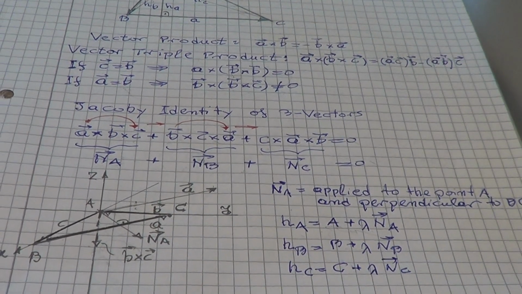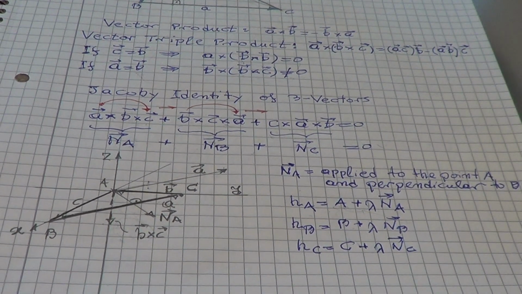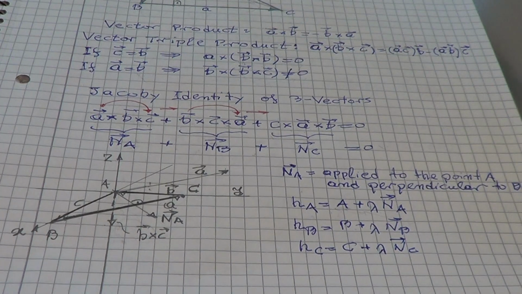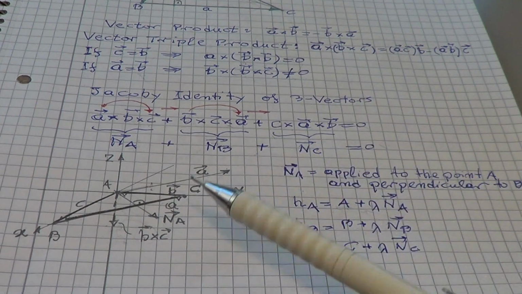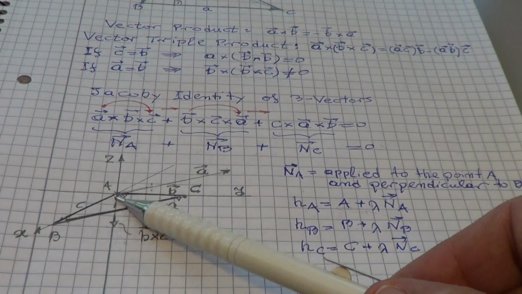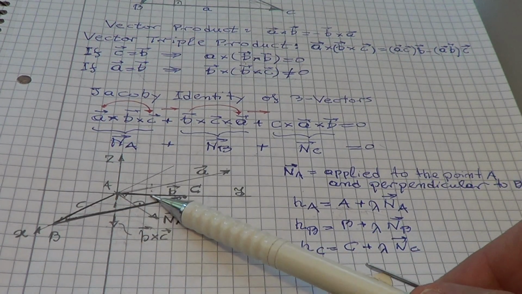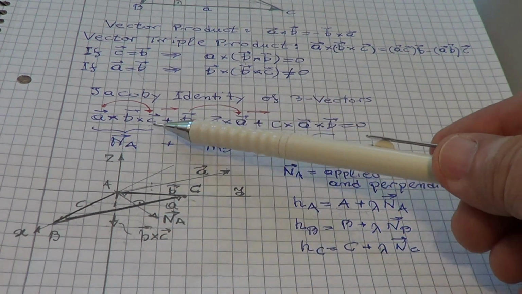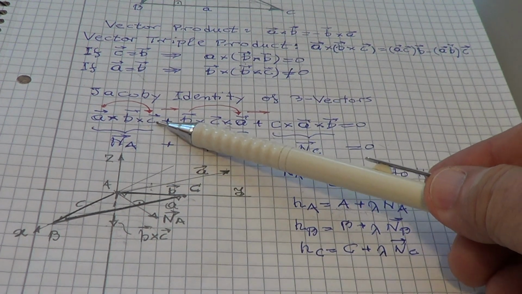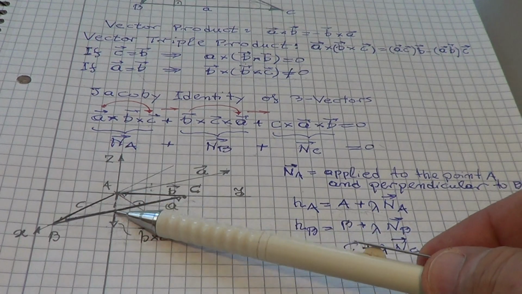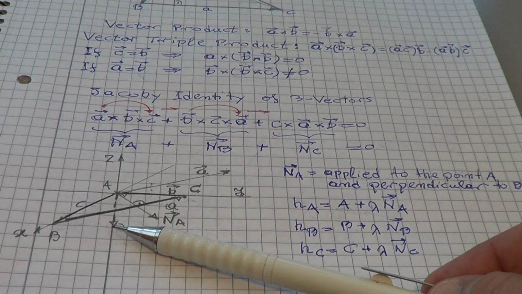Now, you have here our triangle in three dimensions. Here is A, B, C, the sides C and B, and the cross product B cross C is this vector.